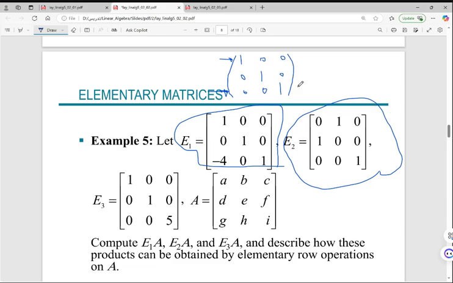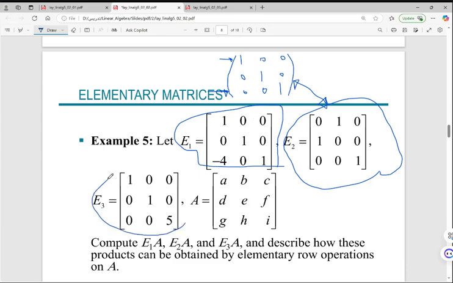And it is obtained by interchanging row 1 and row 2. So if you consider the identity matrix and in this identity matrix you interchange the first row and the second row, E2 is obtained. So E2 is an elementary matrix.